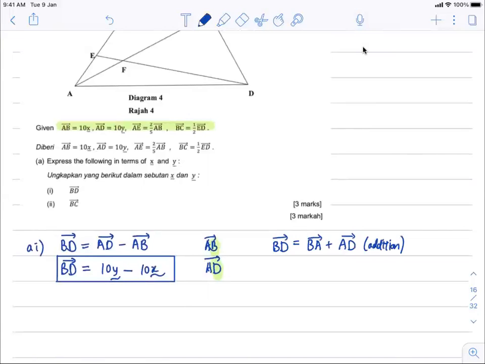And then we also know that BA is equal to negative AB. So we substitute this in, and we get BD is equal to negative AB plus AD, which is also AD minus AB. So this is how we get the subtraction rule.